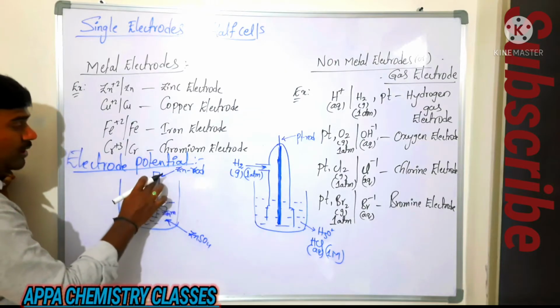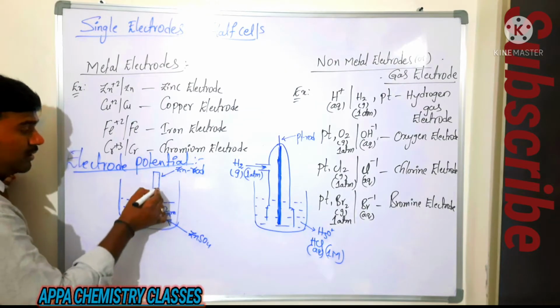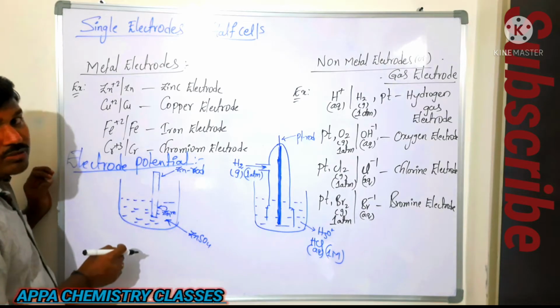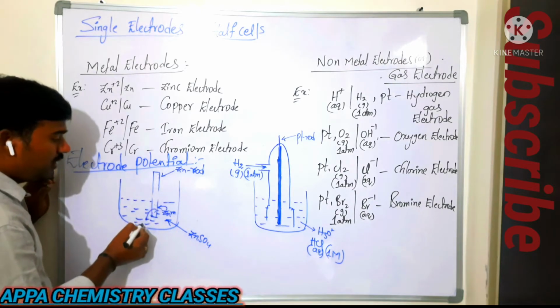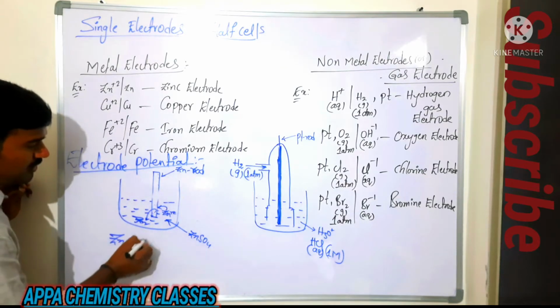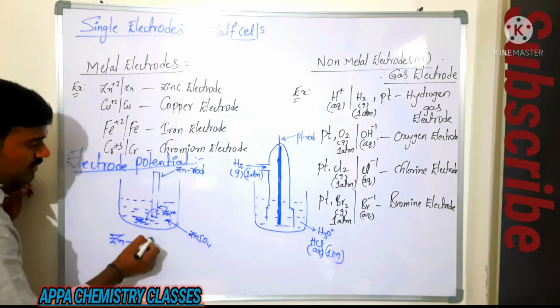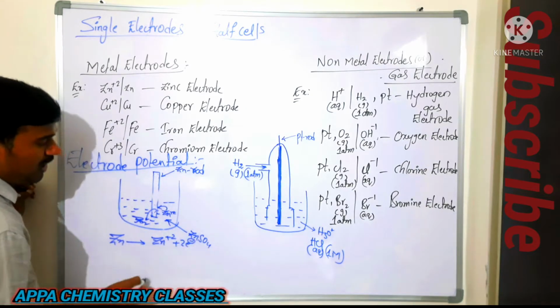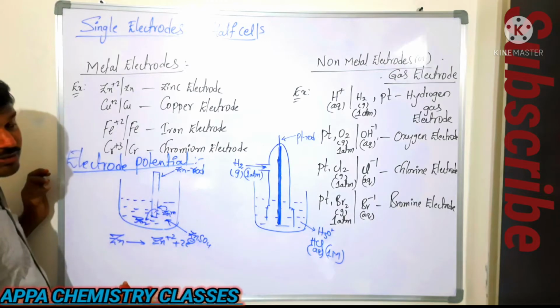Or sometimes what happens, the metal which is present slowly dissolves in the aqueous solution of its own solution. That zinc may dissolve in it. So whenever the zinc rod dissolves in its aqueous solution, it loses the electron. So by loss of electron, it is converted to Zn+2.